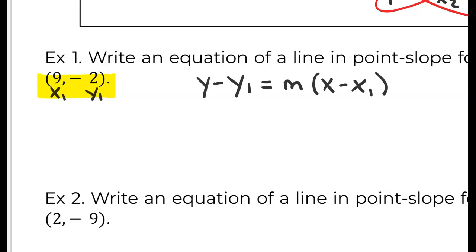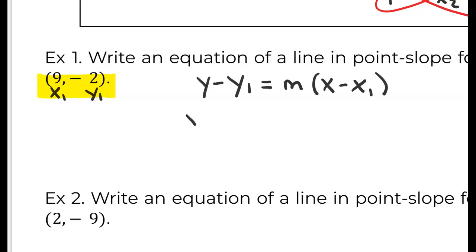We're going to plug in a 9 for x1 and a negative 2 for y1. Actually, I have to plug in my slope too. I'll do my points in blue, and I'll do my slope in red like I have been doing.